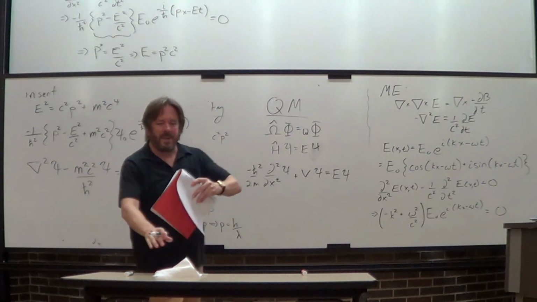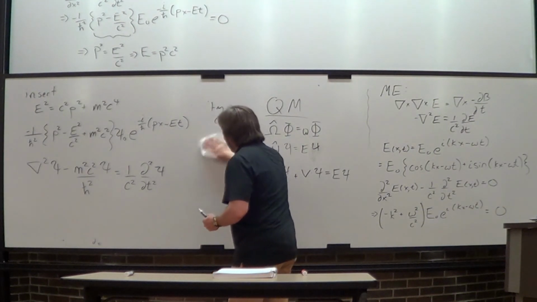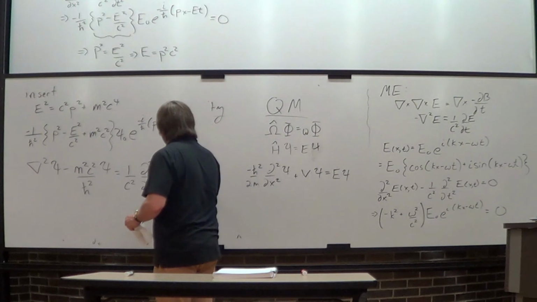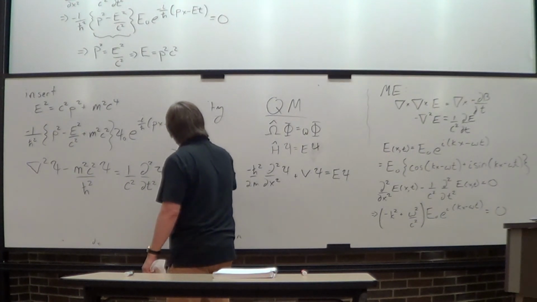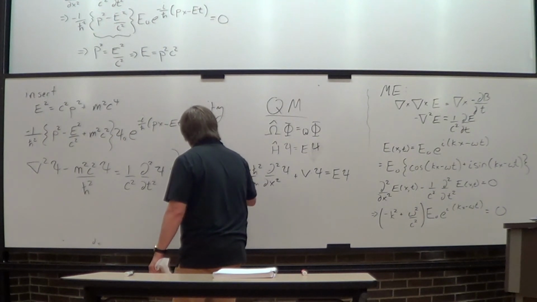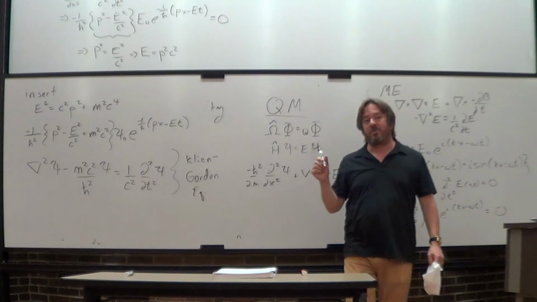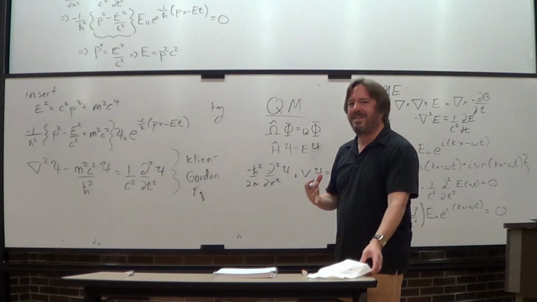Okay. All right, so this is actually really all I wanted to get to. This is called the Klein-Gordon equation. Okay, this is actually the Schrodinger equation that's consistent with relativity.